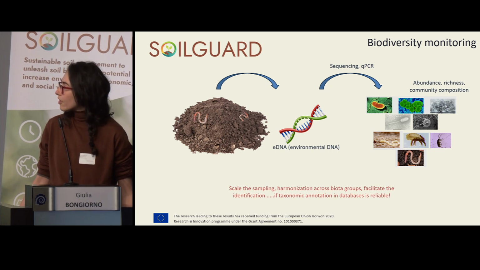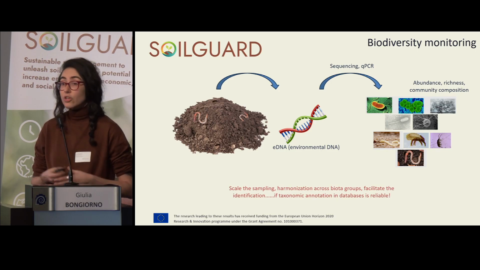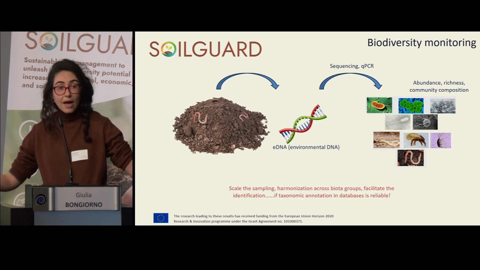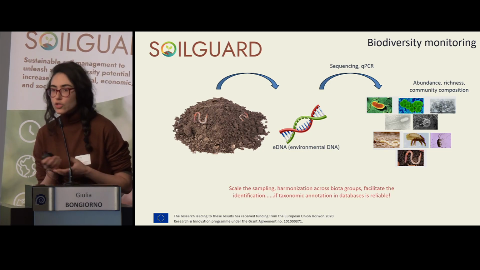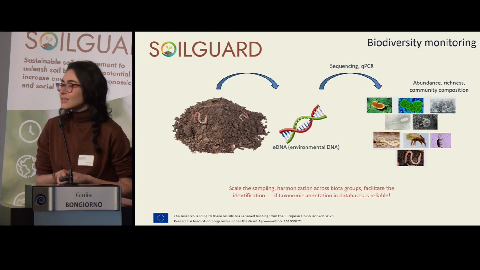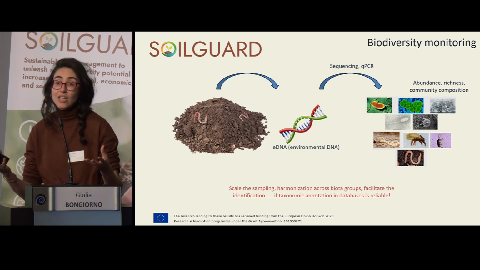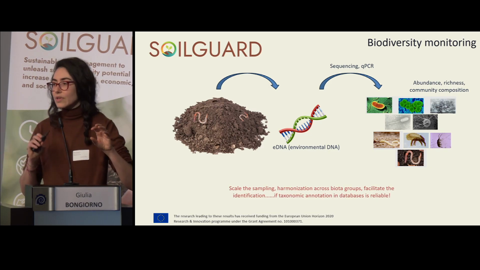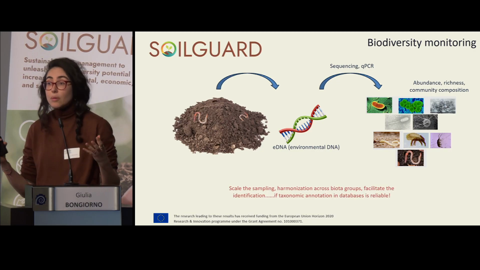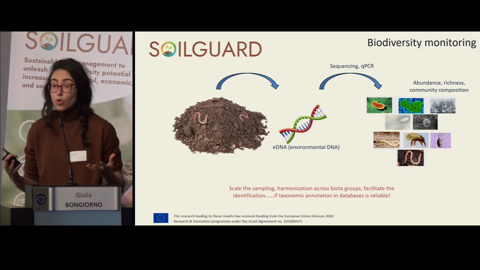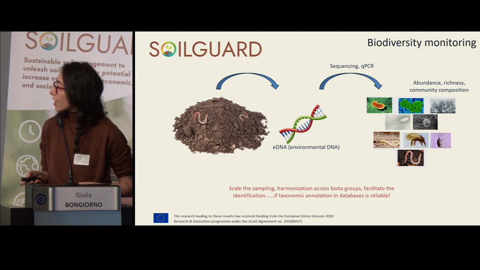They could be very useful in terms of harmonization of the methodology for measuring soil biodiversity, because the same methods could be applied everywhere, and could also facilitate the identification of these organisms. But of course, this only works if the taxonomic information available in the databases, which really gives an indication of who this DNA belongs to, is good enough and complete enough, which is not always the case for all the organisms that we want to characterize in soils.